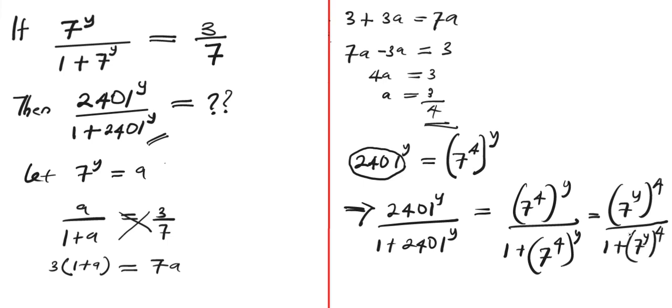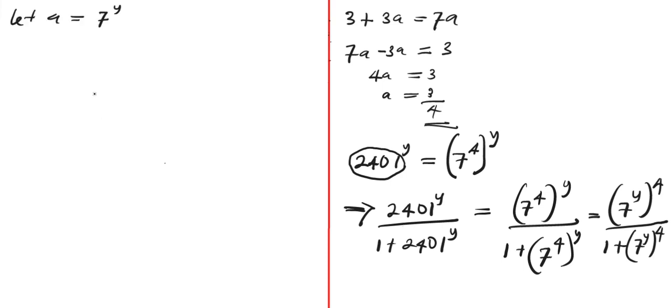Let's continue on this part of the board. Here, I've written down the condition that we used before: let a equal 7 power y. So we insert a wherever we have 7 power y. So we have a power 4 divided by 1 plus a power 4.